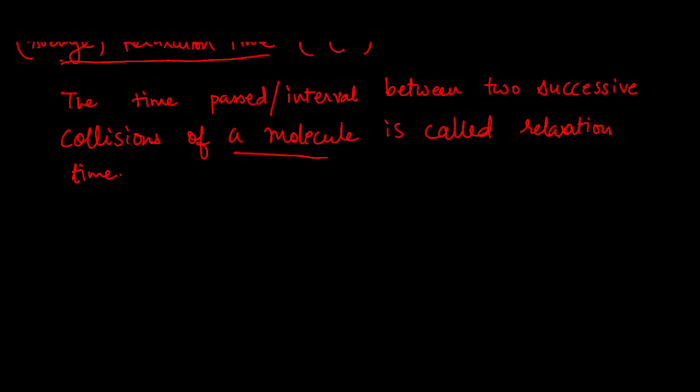The time it takes from here to here is nothing but relaxation time. Clear? If you want, you can read the definition again. It is the time between two successive collisions of a single molecule. Relaxation time clear?